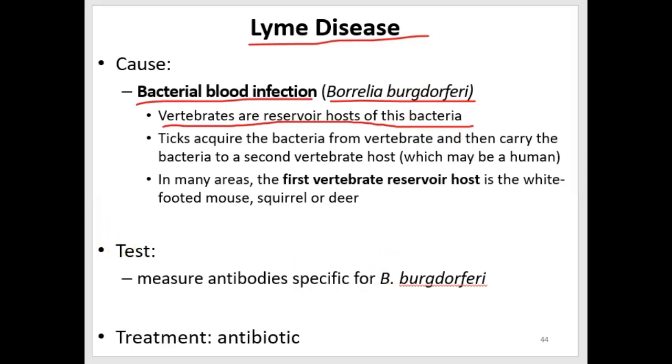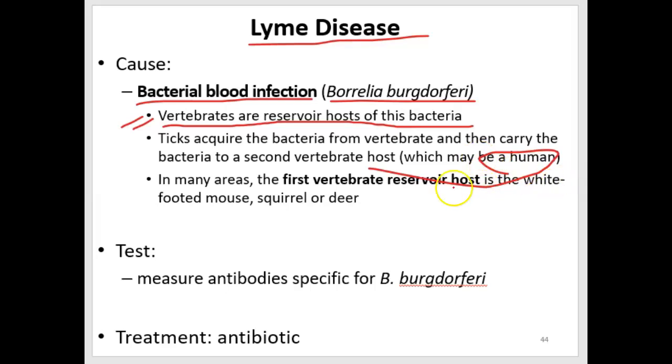But let's say, I don't know, it's a wolf or a deer or whatever. Then ticks bite that vertebrate out in the woods, and when they bite into the bloodstream, the bacteria are there, so the ticks acquire the bacteria, and now the ticks move off. They go to another host, could be a human.